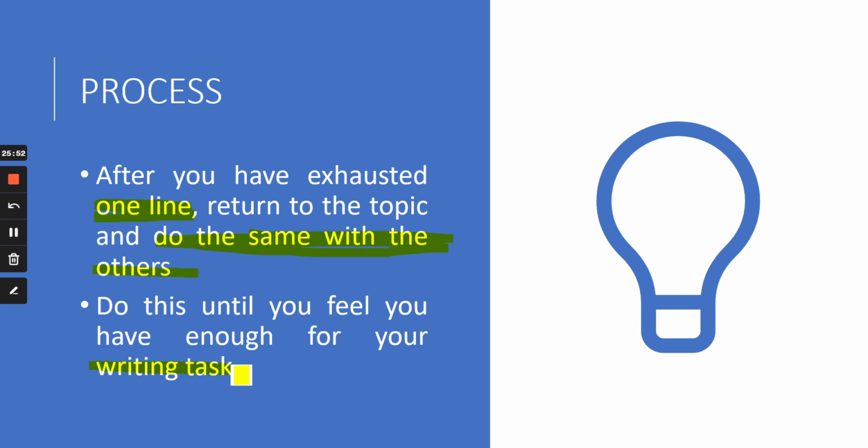Then ask yourself, which subtopic, and I hope you know now those are ideas, will help me to write more and clearly? You can decide that by looking at the ideas to the subtopics.